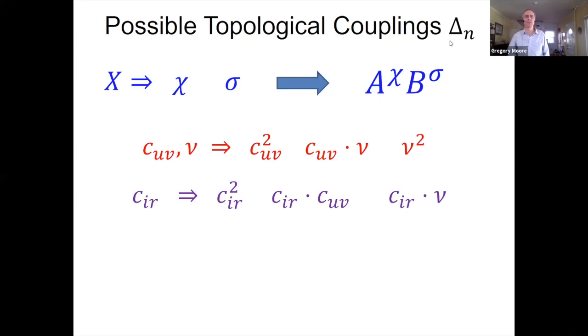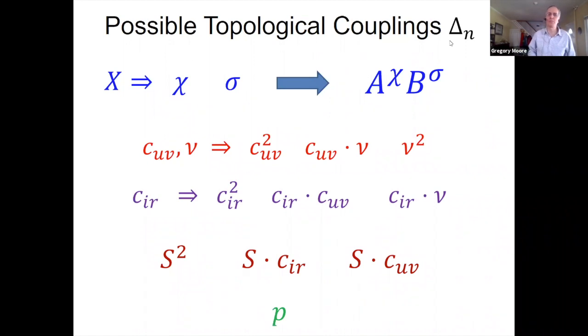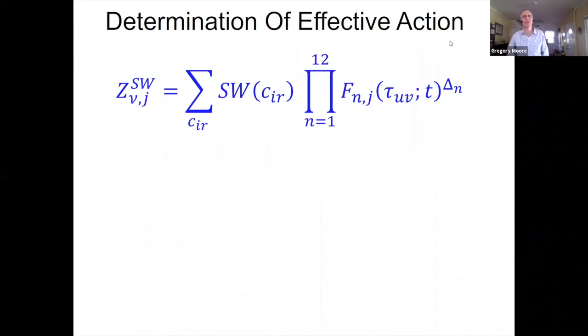It's actually a spin-C structure, so it's the infrared spin-C structure, not to be confused with the ultraviolet one. So there are some more couplings. And then if we include observables, there are 4 more couplings to worry about. So altogether, the contribution at the cusp j is a sum over the U(1) photon topological class, the c infrared, of the Seiberg-Witten invariant of c infrared, that's an integer, times the product over these 12 couplings.